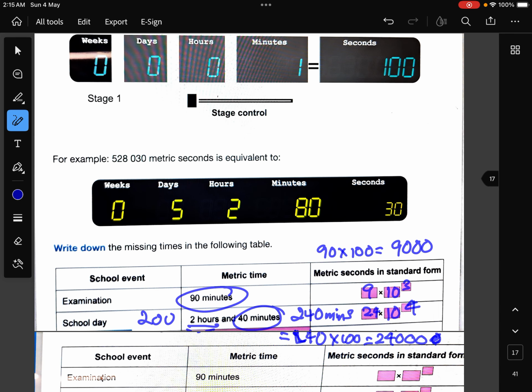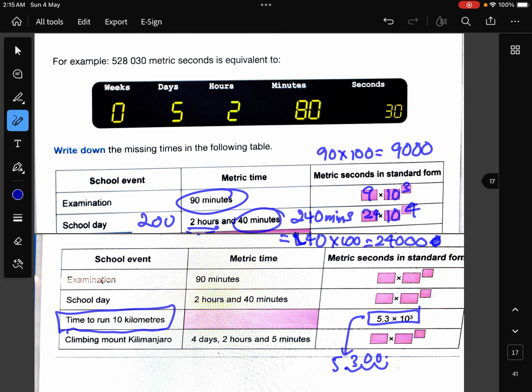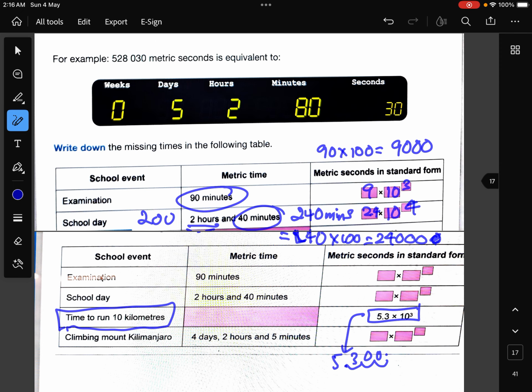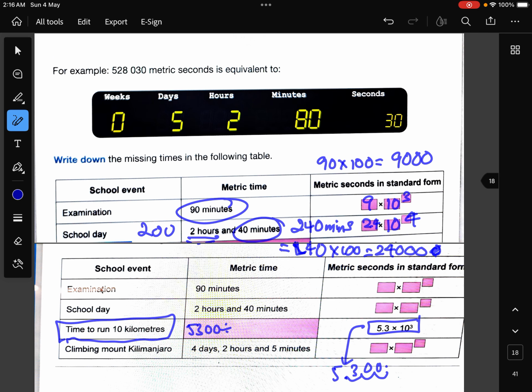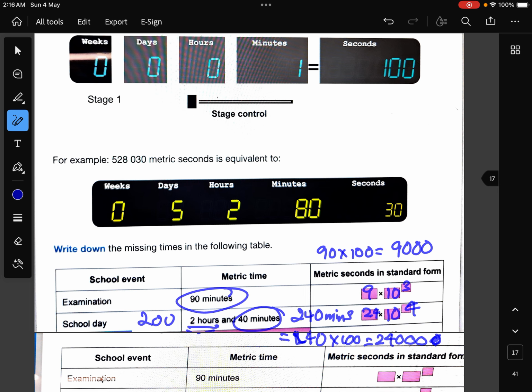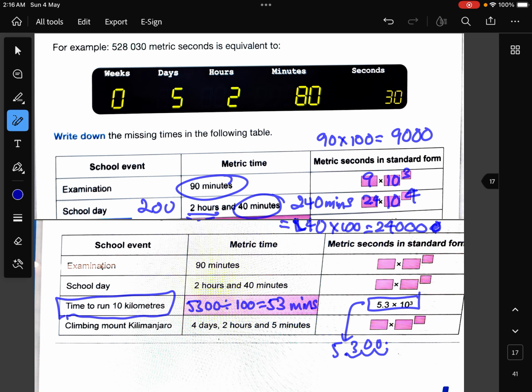And we know that 5,300 seconds would be the equivalence of dividing this by 100. So that should give me 53 minutes for the metric time. Again, we're going to be using this conversion here.